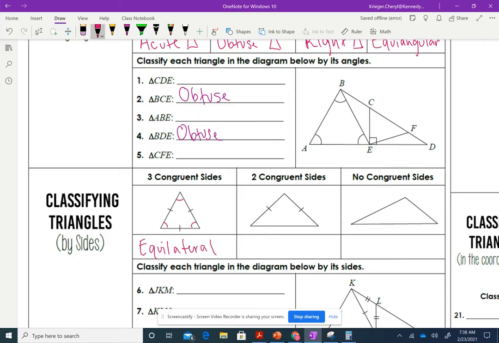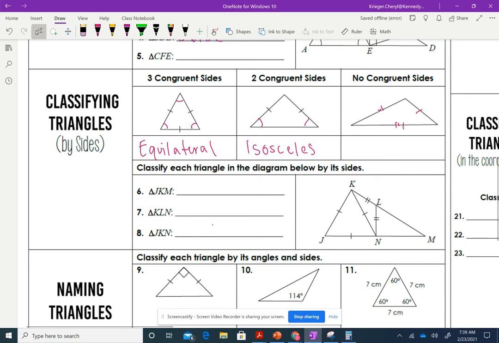If we have 2 congruent sides, we then have 2 congruent angles, and they're the base angles that are congruent, and it is called isosceles. And then finally, if we have no congruent sides, meaning each side is a different length, then we call that triangle scalene.